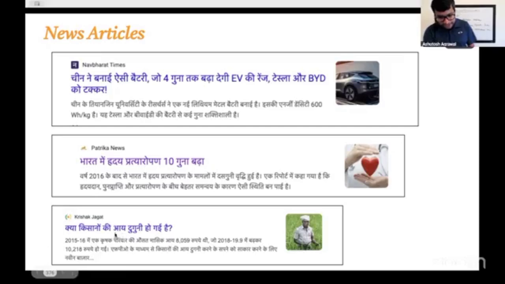What is I? Income. Yes, exactly. It's an interrogative sentence, right? It's starting with kya. There's a question mark at the end. Has the income of the villagers or farmers doubled yet, right? So, and then they are probably doing analysis of it, whether it is really indeed doubled, or it's the same, or it's really decreased or not.